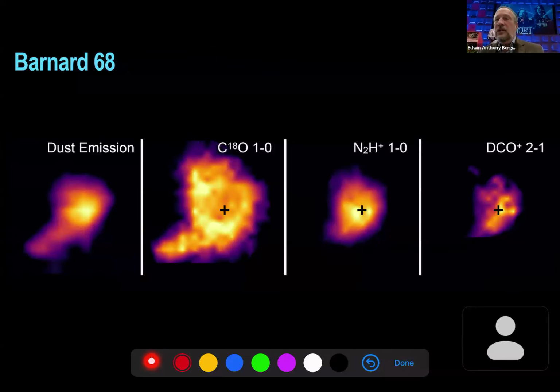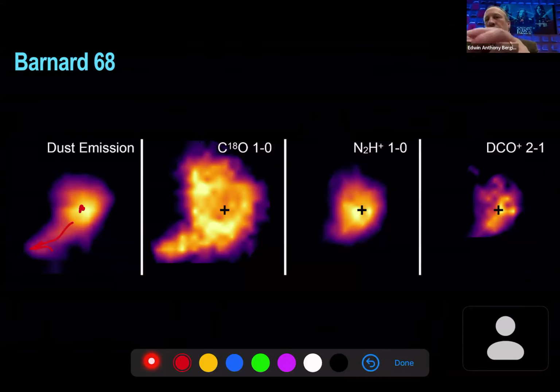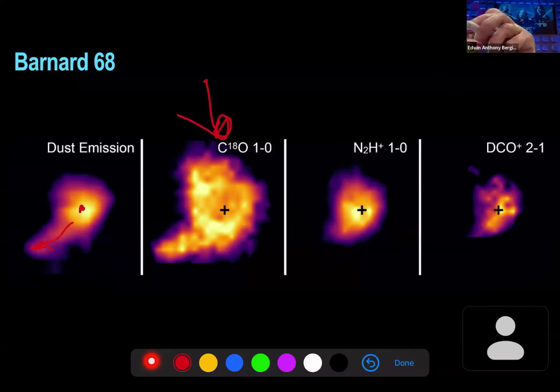And this is, I think, I love this figure. It took me a while to make it. This is the dust emission in one object, all right, where it's centrally concentrated here. And there's a little tail going off here. And this is what we see if we look at C18O. This is a different molecule. This is another molecule. And what's going on here?